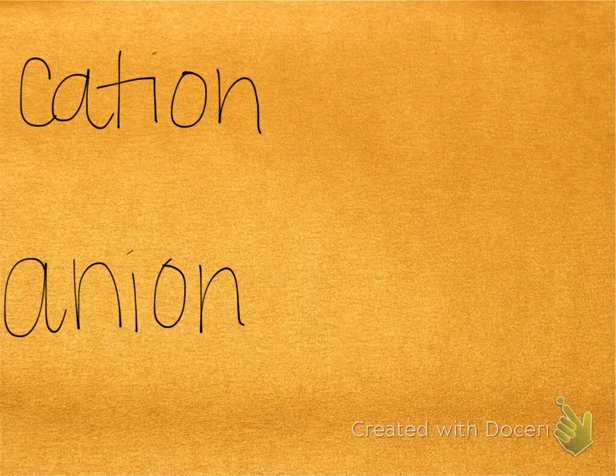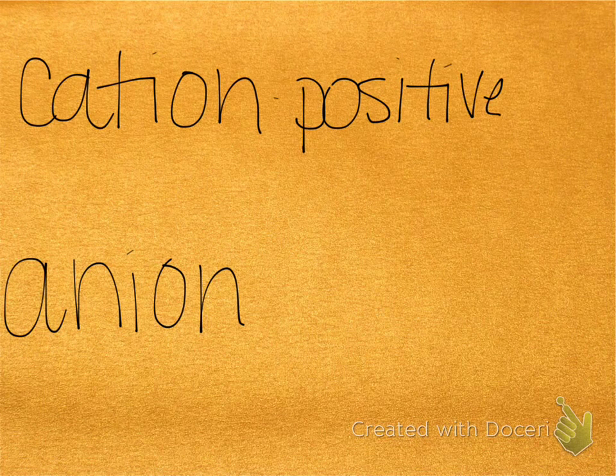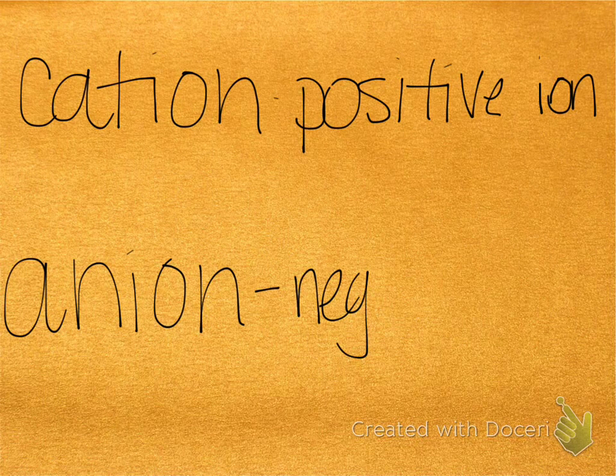So you're going to see things referred to as cations and anions. A cation is just a positive ion, so one that has a positive charge, like that aluminum you just saw. An anion is one that has a negative charge, so that's like that oxygen that we did before that.